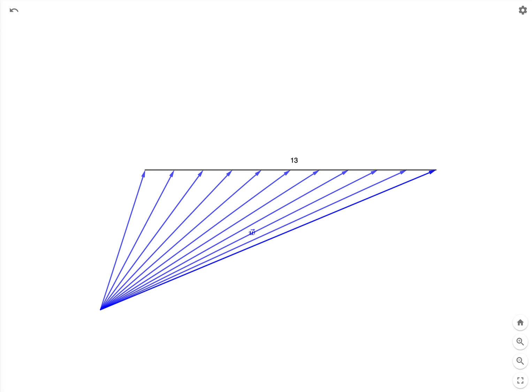So let me take this away and just start with point A at the origin, and then vector u and vector v.